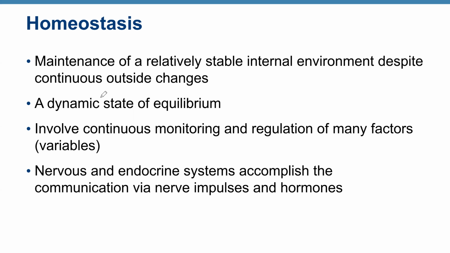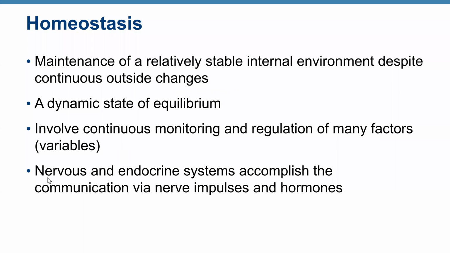So homeostasis involves continuous monitoring and regulation of many factors that we call variables. Nervous and endocrine systems accomplish the communication between the rest of your body systems via nerve impulses and hormones, and nervous and endocrine systems are major systems that control homeostasis. However, to maintain homeostasis, you need all body systems to work together.